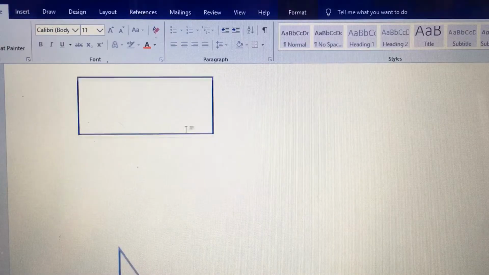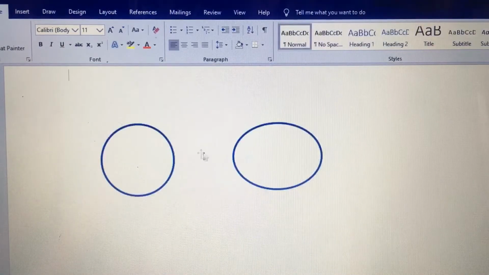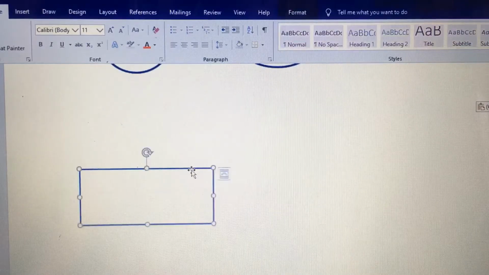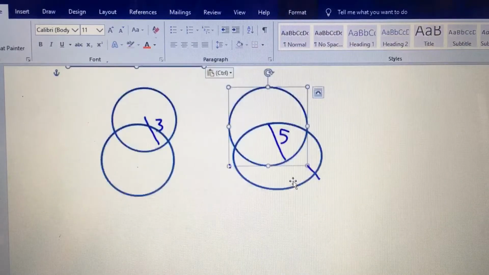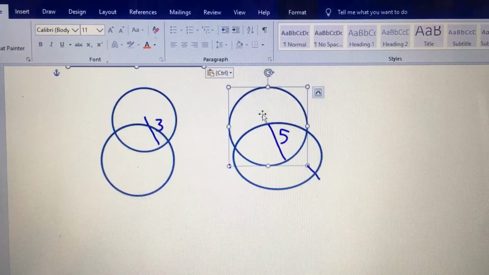So the next one I have to show you is a rectangle. And a rectangle has 2 dimensions, not just a radius. Let me copy and paste.